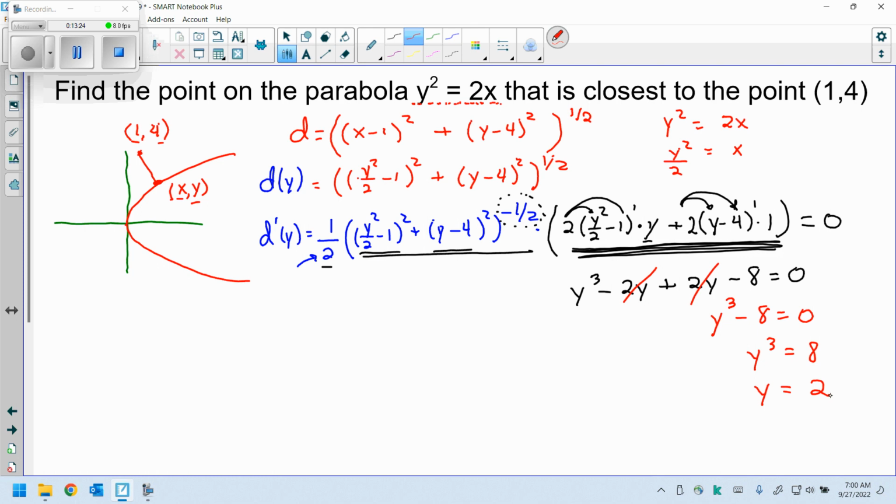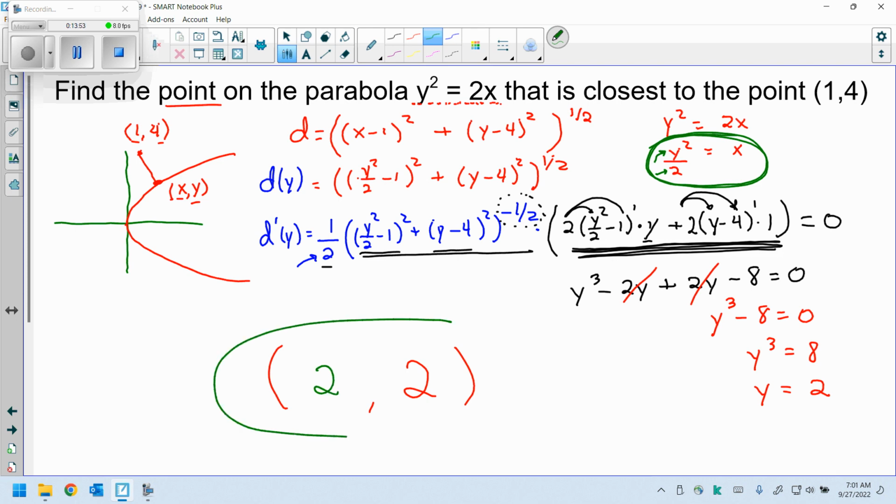I need an x and y value, and I know the y value is 2. If I'm looking for the x value, I'm probably coming right here. I'm putting my y value of 2 in there. 2 squared is 4. 4 divided by 2 is 2. So (x, y) is the point (2, 2). That is the point on the parabola closest to (1, 4).